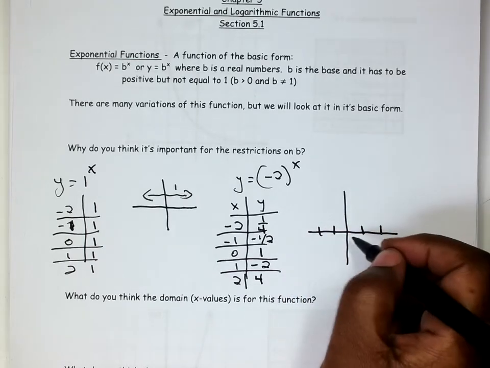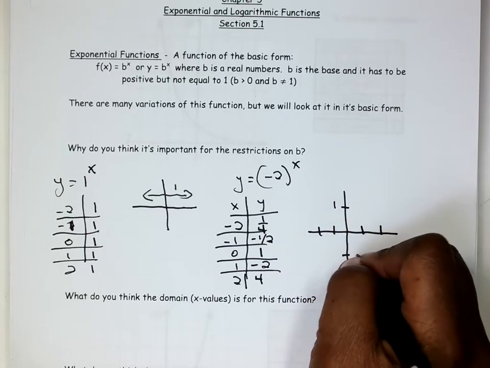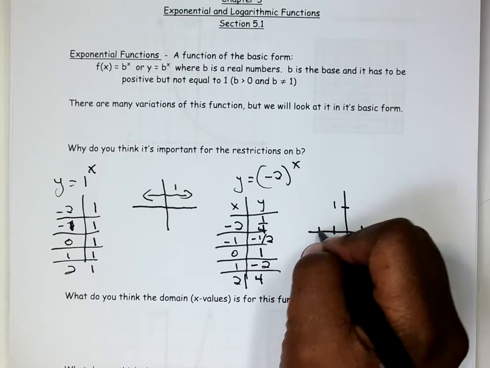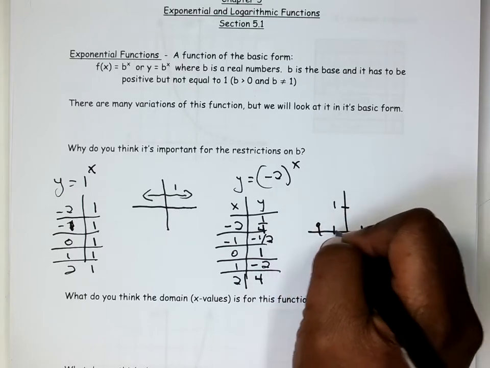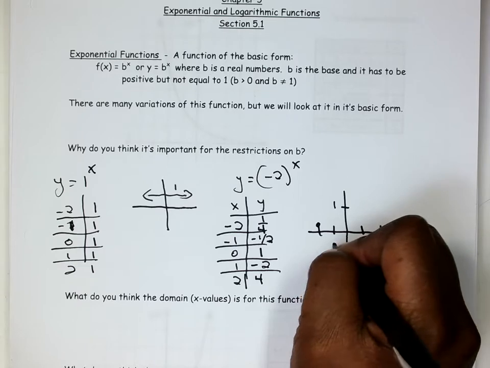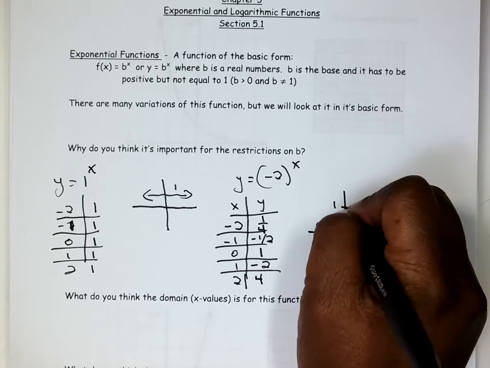So I started off at negative 2. Say that's 1. Negative 1. So at negative 2, I'm at positive 1/4. At negative 1, I'm at negative 1/2. At 0, I'm at 1.